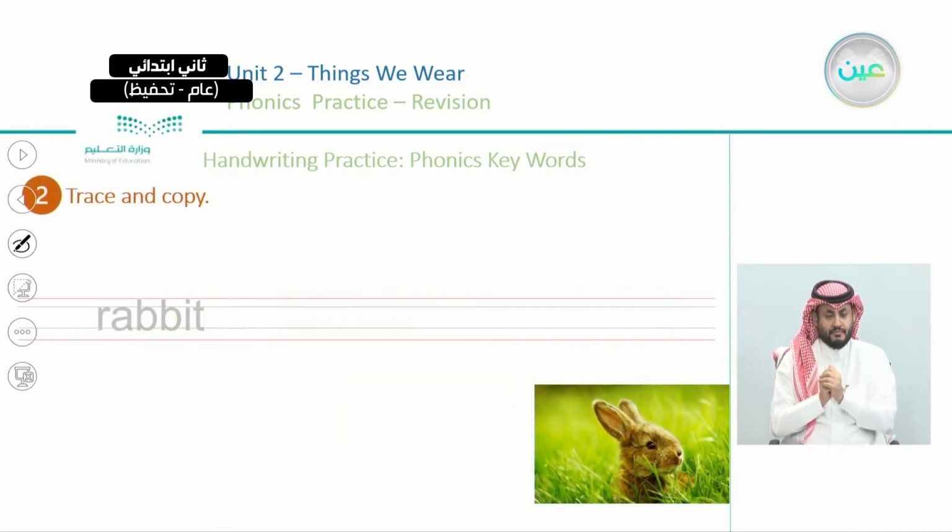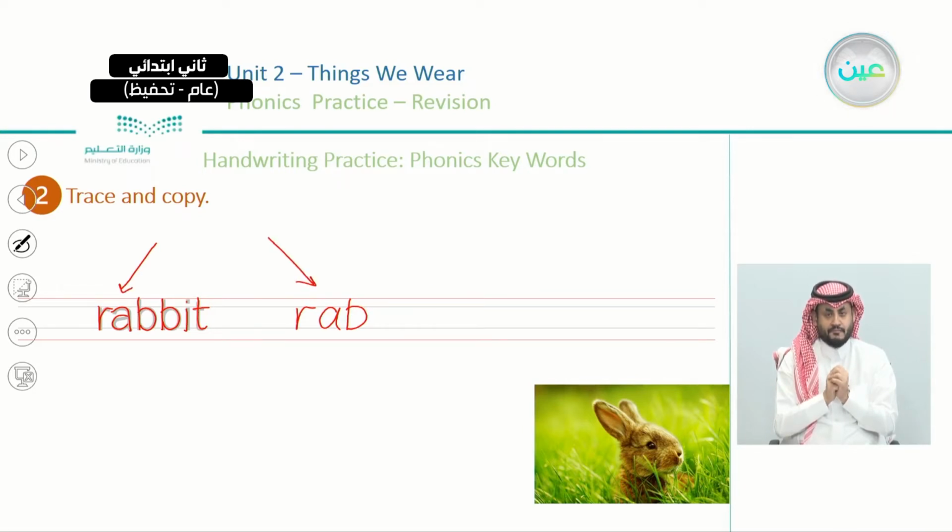It starts with the letter R, then A, then double B like this, half circle on the right side, then we have I and T. So rabbit, rabbit. Now let's write it here. R, A, and you can write A like this or like this.